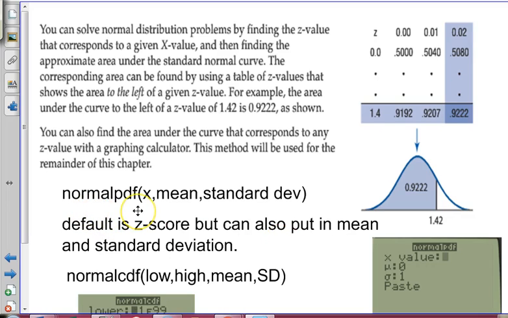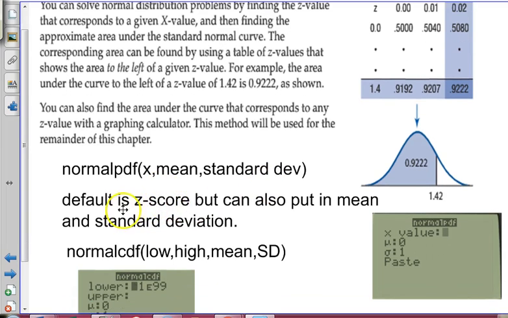We can use normal PDF, which will tell us, if we put in a value, the mean, and the standard deviation, the probability that a value falls at exactly that place, okay? The default is the z-score. We can put x in as a z-score, or we can put it in as the actual score.